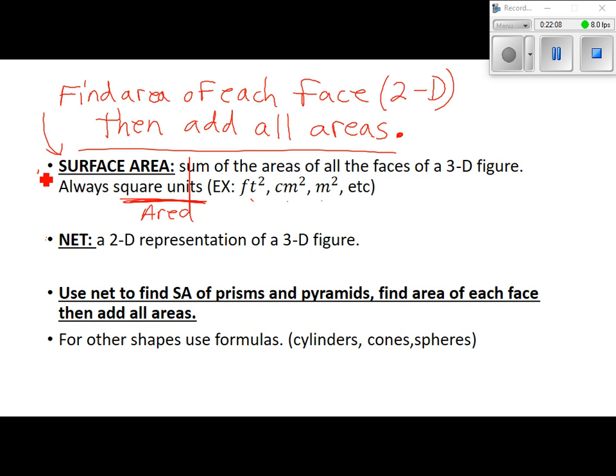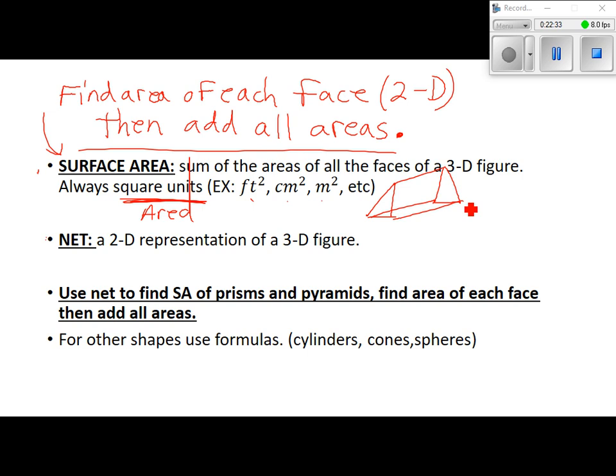A net is a two-dimensional representation of a three-dimensional figure. So if I had a triangular prism, maybe something like this, the net would look something like this.